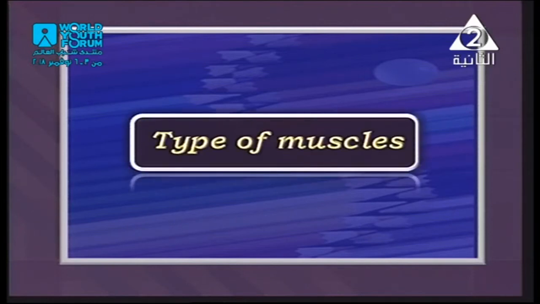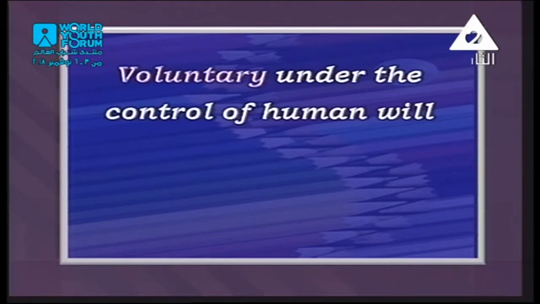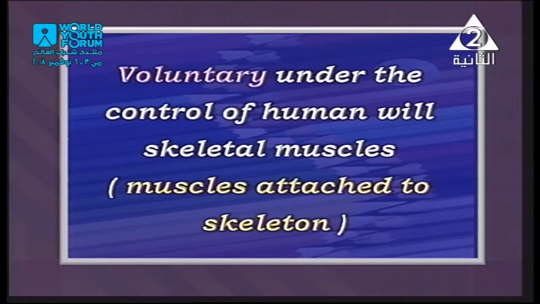How many types of muscles do we have? We have different types of muscles, okay? But in our curriculum, we are going to divide them according to whether you can control the muscle or you cannot control it.